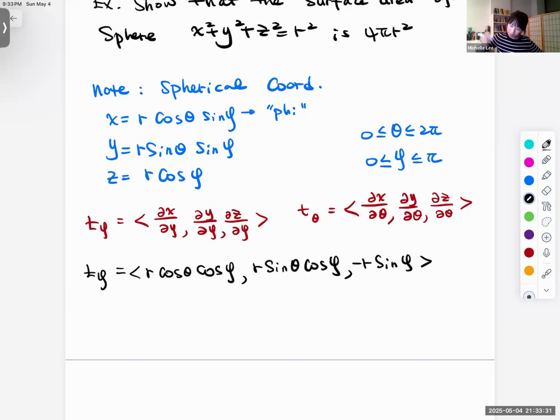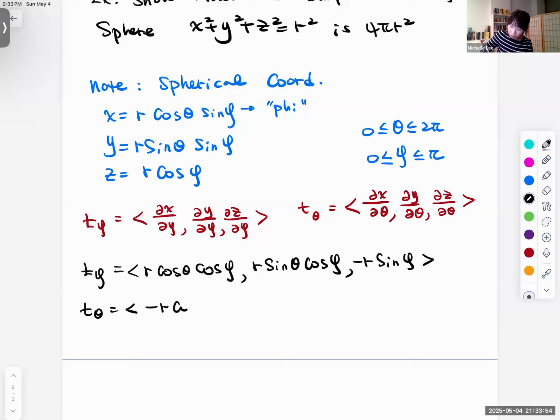Now we do the partial derivative with respect to theta. For the first one, the derivative of cosine theta is negative sine theta, and we keep the rest as constant, so negative r sine theta sine phi.